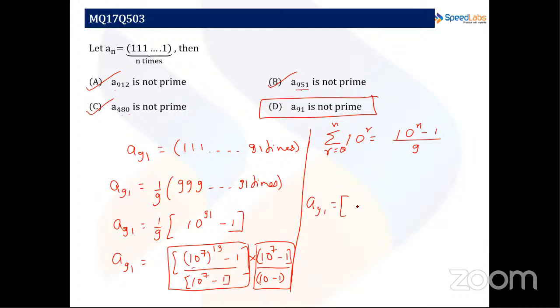So our first one will be 1 plus 10 to the power 7 plus (10 to the power 7) square, and so on up to (10 to the power 7) to the power 12, multiplied by the second one, 1 plus 10 plus 10 square, and so on up to 10 to the power 6. So we can see here that it is not a prime number, it is a composite number, a multiplication of these two. So A_91 is not a prime. Clear?